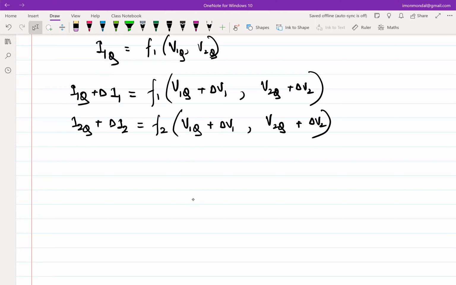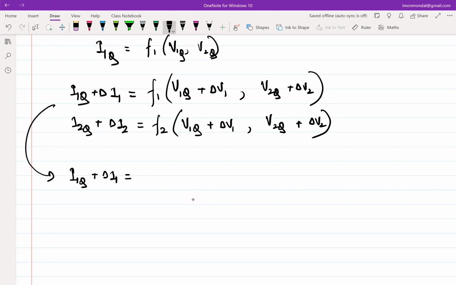So now what do I do? What will be the next step? Taylor series. You can take either one of these two and expand, and then we'll do the other one. So if I expand this one, what do I get? What is the independent variable? Voltage. The port voltages are the independent variables. Good. So now I expand it in a Taylor series.